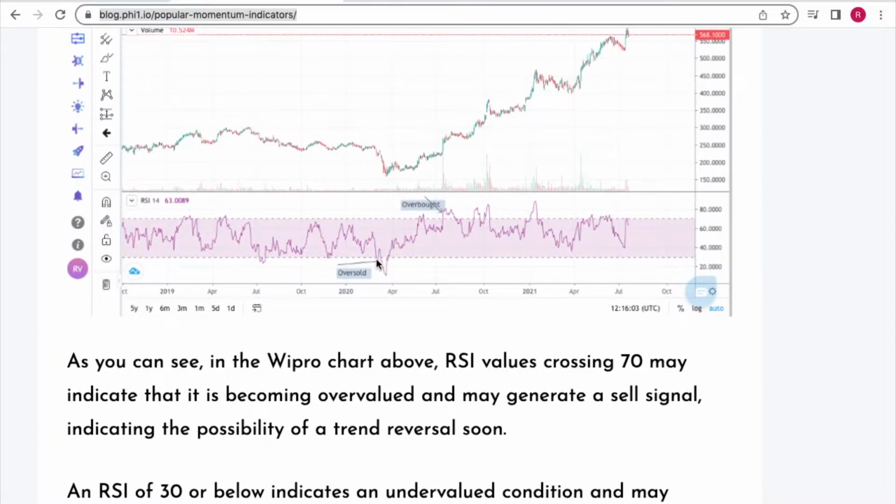Generally, RSI values below 30 or 35 are considered to be in the oversold territory or the undervalued territory and generate a buy signal, whereas those in the overbought region or the overvalued region lie beyond 65 or 70.